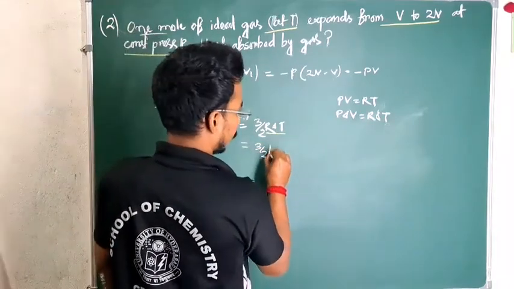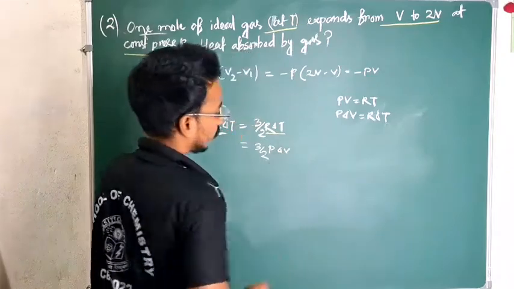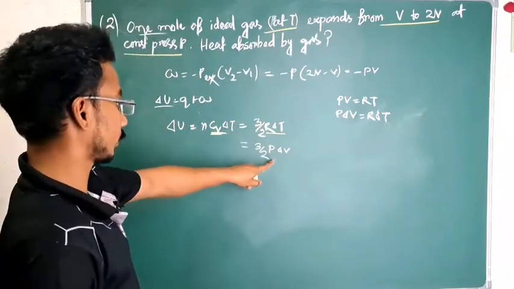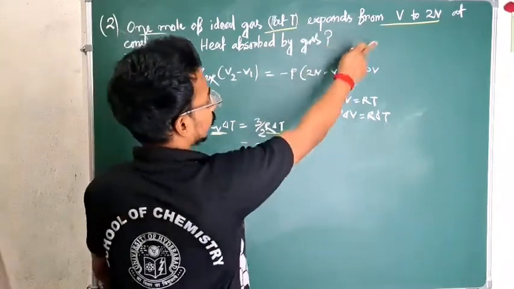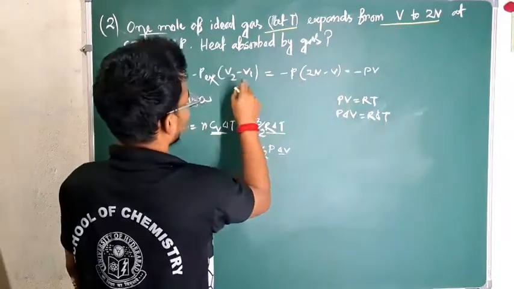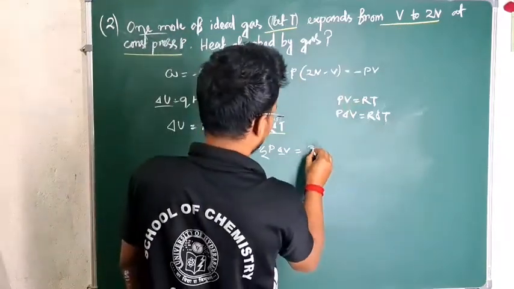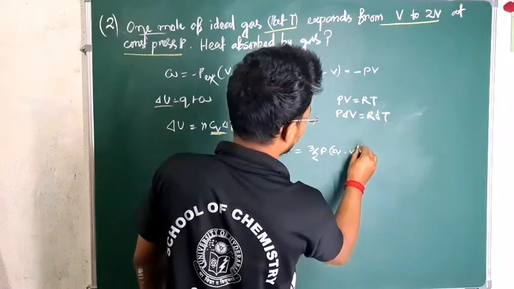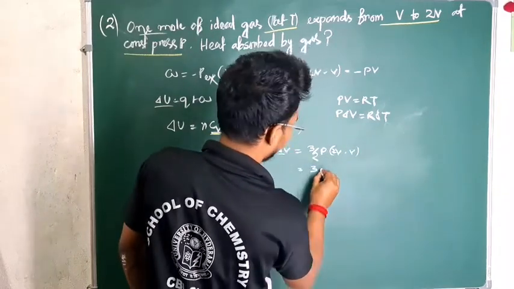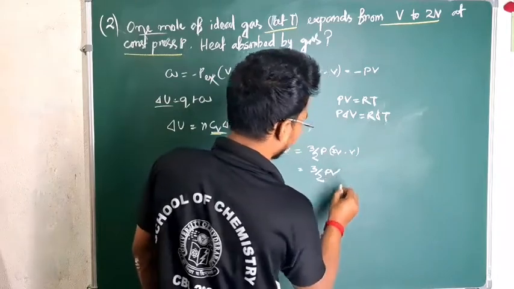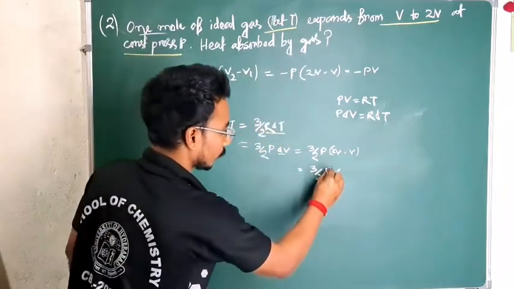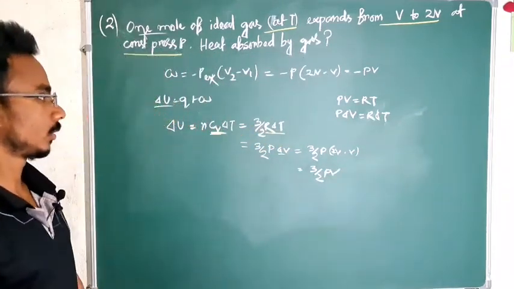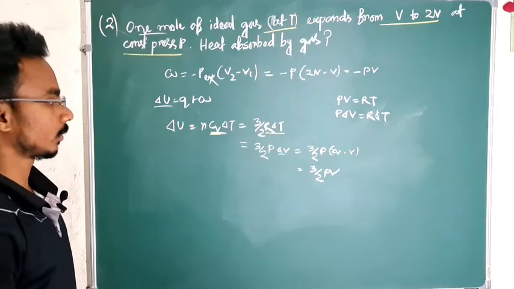So we can write this. Delta V is given here. Here this is also delta V. So 3 by 2 P into 2V minus V equal to 3 by 2 PV. Okay.